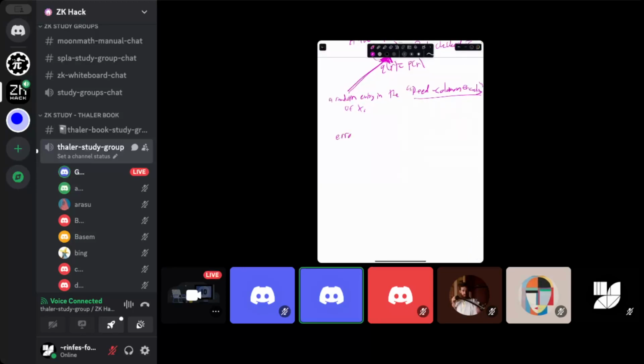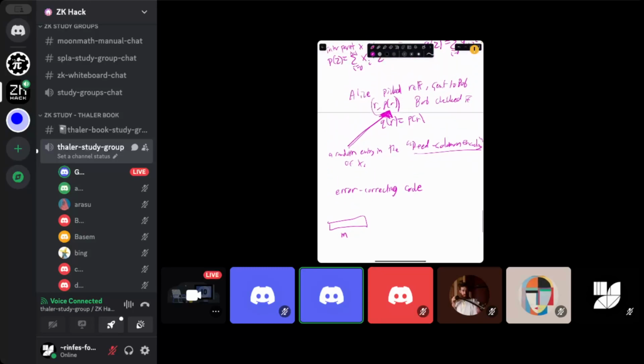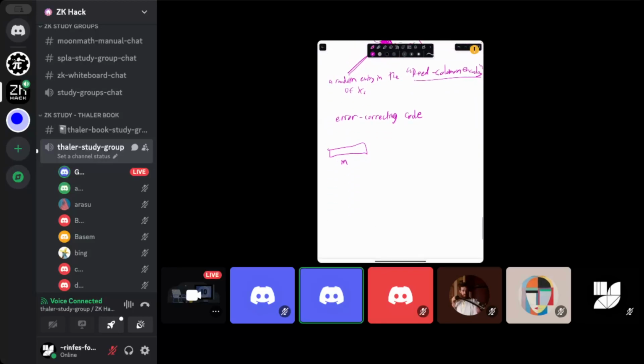A Reed-Solomon encoding is a specific error correcting code. Error correcting codes come up over and over again in SNARK design. And the idea of an error correcting code is you have some message X. Actually, in coding theory, people call this M for message, but in the fingerprinting example, I called it X.